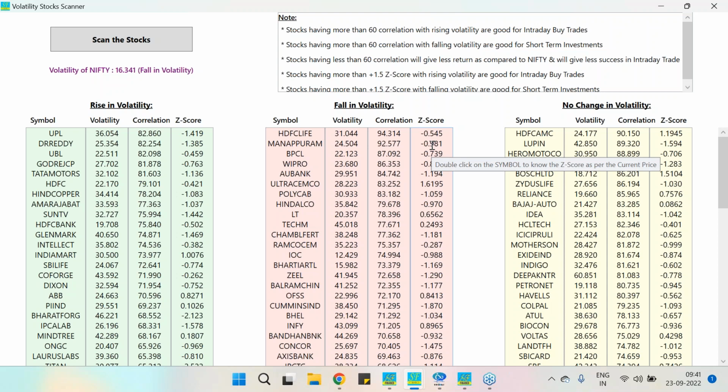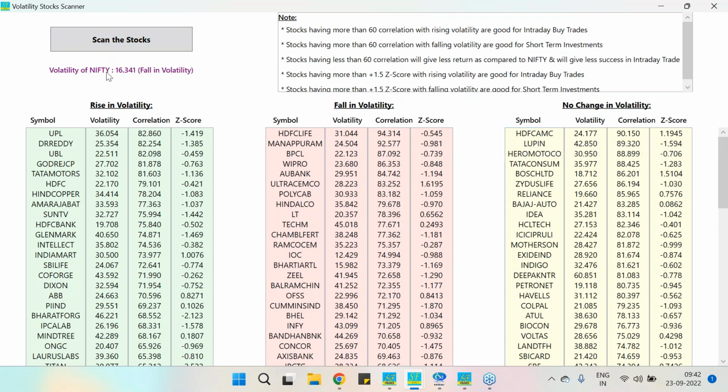Here we can categorize the stocks based on the volatility. The first is rising volatility, the second is falling volatility, and the third is no change in volatility. And if you are going to do the pair trade, you can categorize the stocks as independent and dependent.